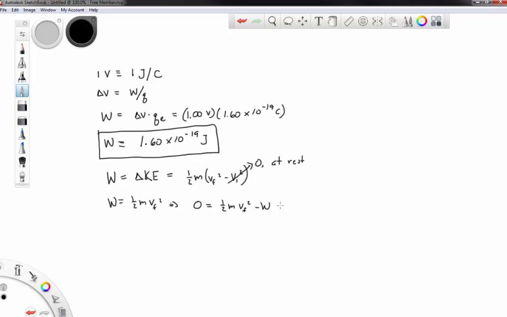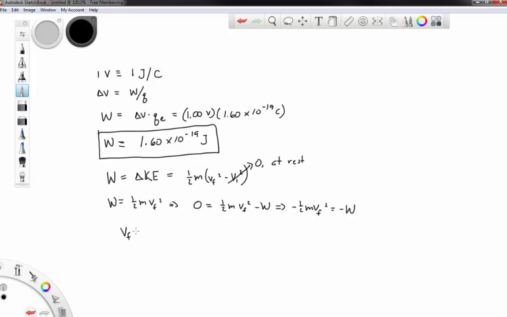Now we need to subtract the 1/2 m v final squared from both sides. So that means minus 1/2 m v final squared is equal to negative work. And now we divide both sides by negative 1/2, and we divide both sides by m.